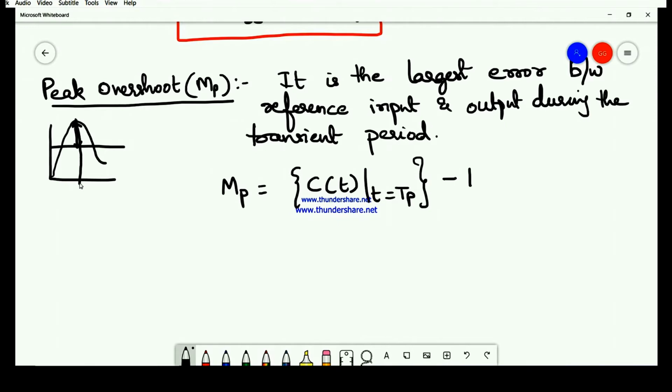So c of t at t equals Tp, minus 1, will be the maximum peak overshoot that we get.